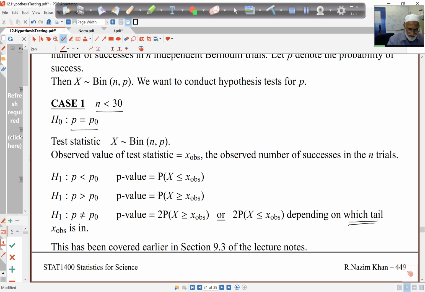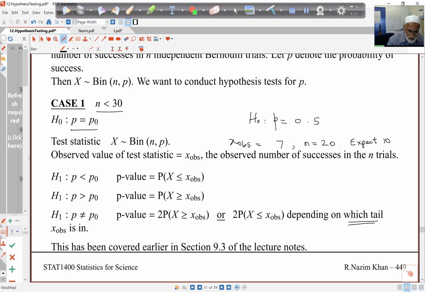That's decided easily enough. For example, if I have my H naught as p equals 0.5, my x observed is 7 and my number of trials is 20, then from the binomial distribution the expected number is np, so I'm expecting 10 on average. 7 is less than 10.